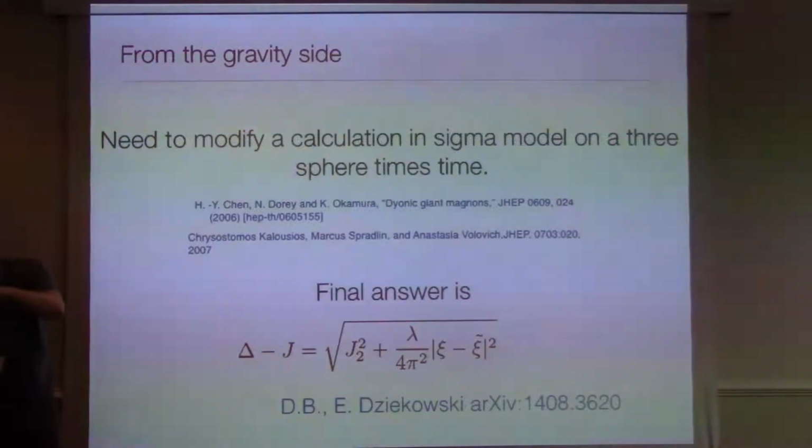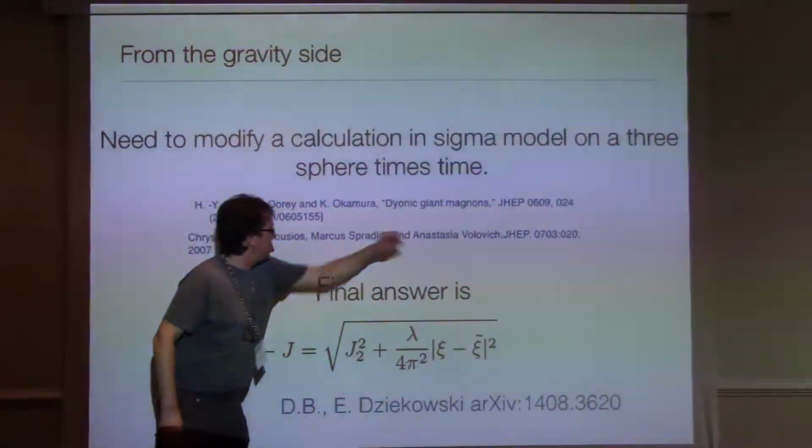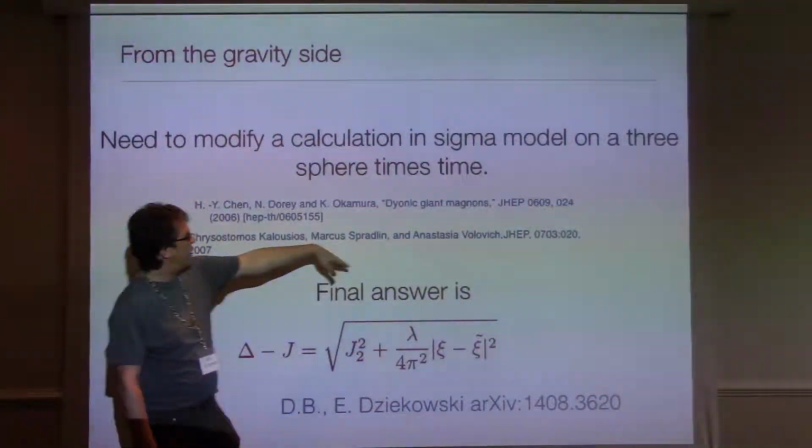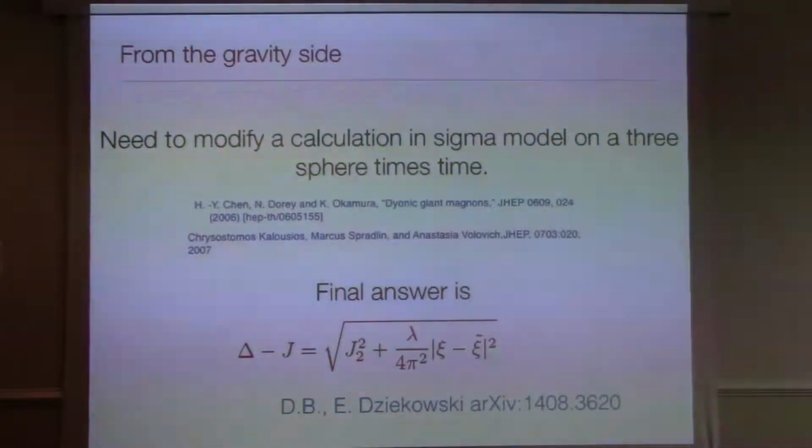On the gravity side, there are papers by Chu, Khoze, and Volovich, where they computed a solution of the sigma model by the inverse scattering method that had the right quantum numbers and produced the correct dispersion relation.